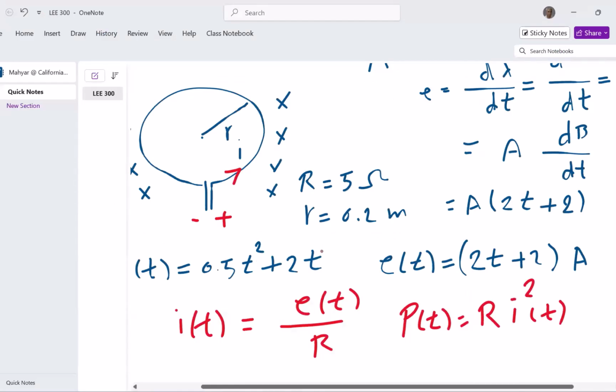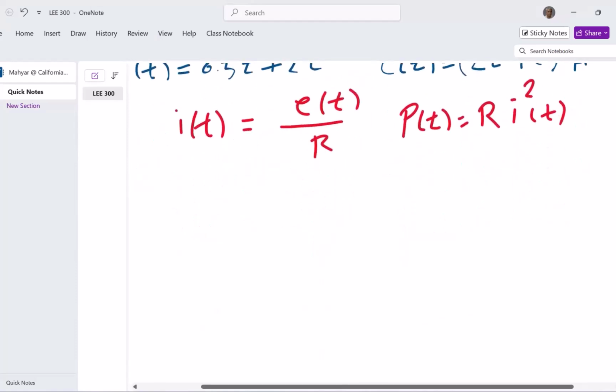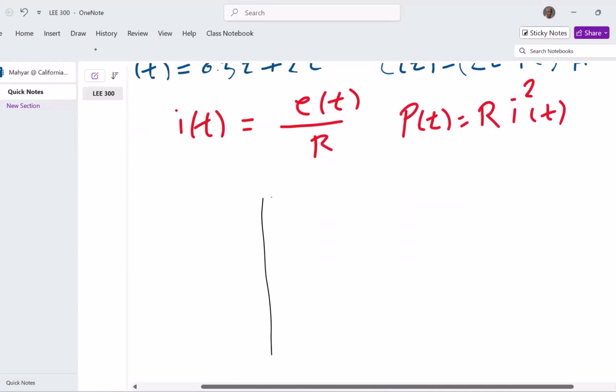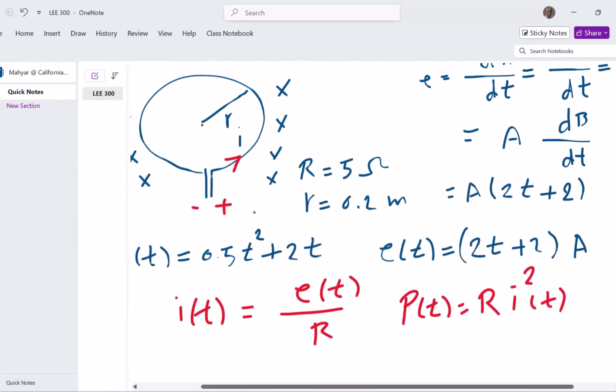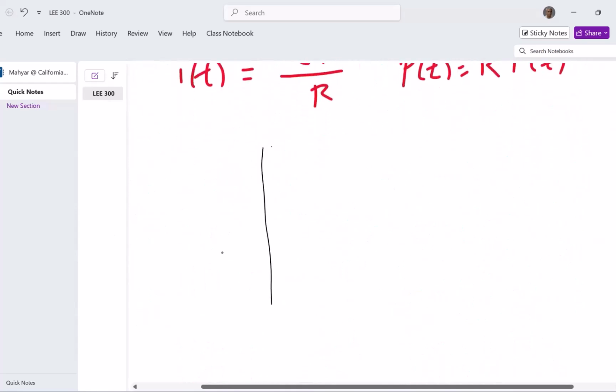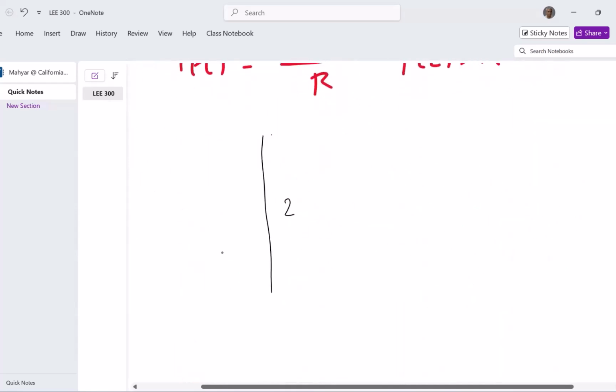Okay, so this is really another problem. This says that, let's assume you have a bar which has the same length as the circumference of this, which is how much? 2 pi r, right? So this is the length of that wire.